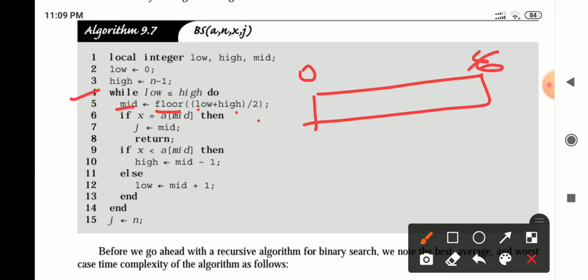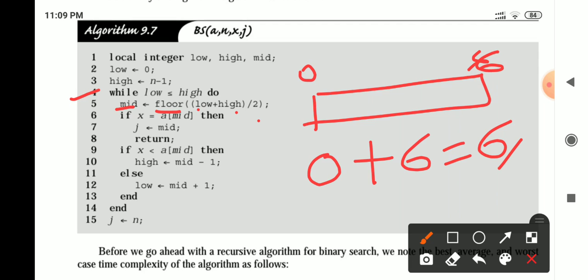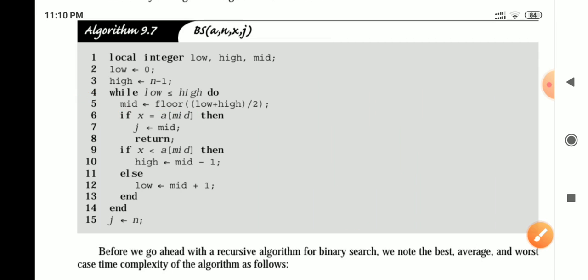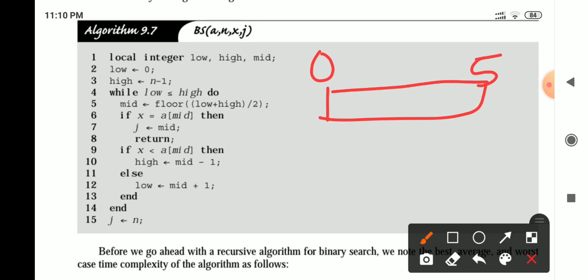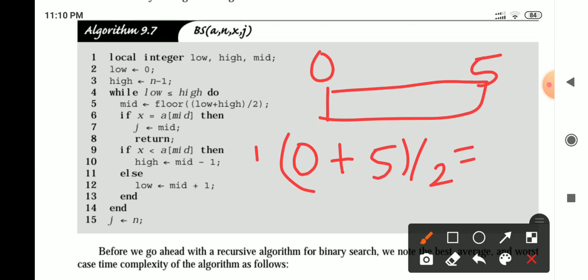At that time, low is 0 and high is 6, so the value is 6 divided by 2, so the mid will be 3. Now suppose low is 0 and high is 5. So what is the mid? Mid is 0 plus 5 divided by 2, and that is nothing but the floor.